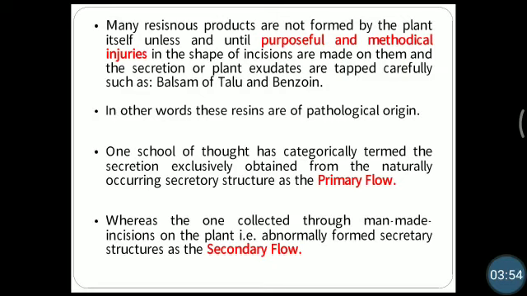One school of thought has categorized the secretion obtained exclusively from the naturally occurring secretory structure as primary flow, whereas that collected through man-made incisions on the plant, that is, from abnormally formed secretory structure, is called secondary flow. If it is natural, then primary; if it is purposefully done, then the secretions are secondary flow.